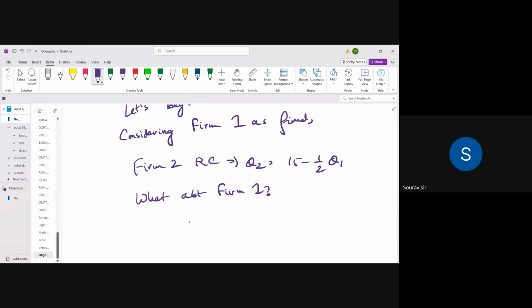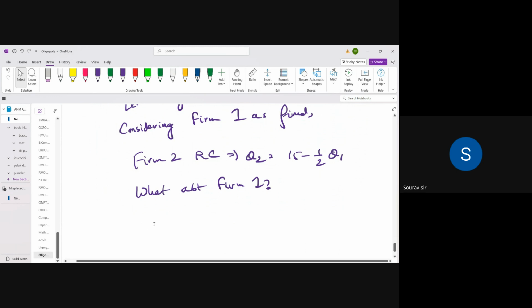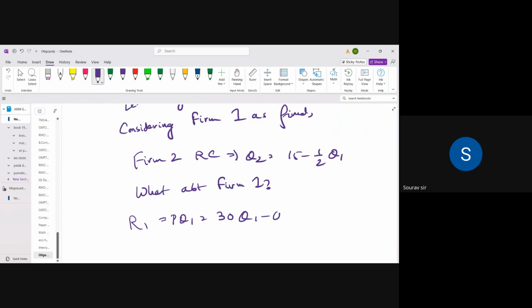To maximize profit, it will choose Q1 so that its marginal revenue equals marginal cost, that is 0. So we know firm 1's revenue is how much? P times Q1. So that is 30Q1 minus Q1 square minus Q2Q1.